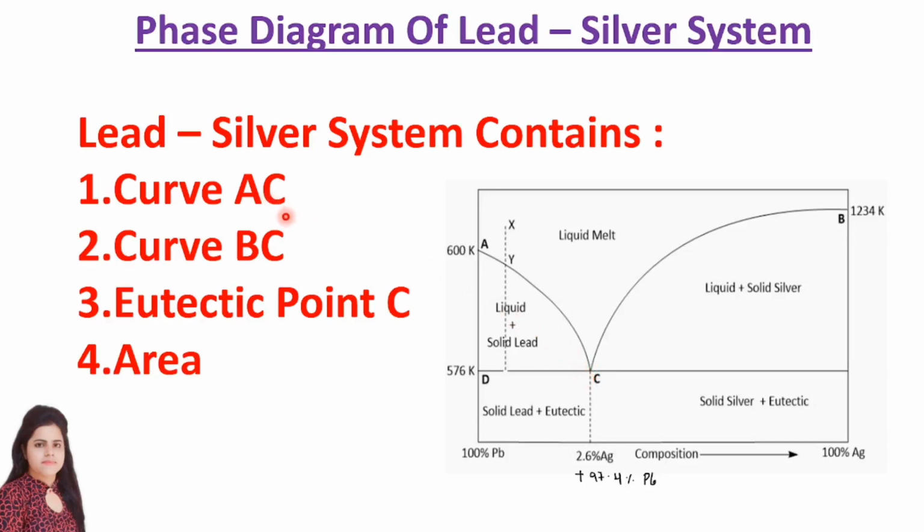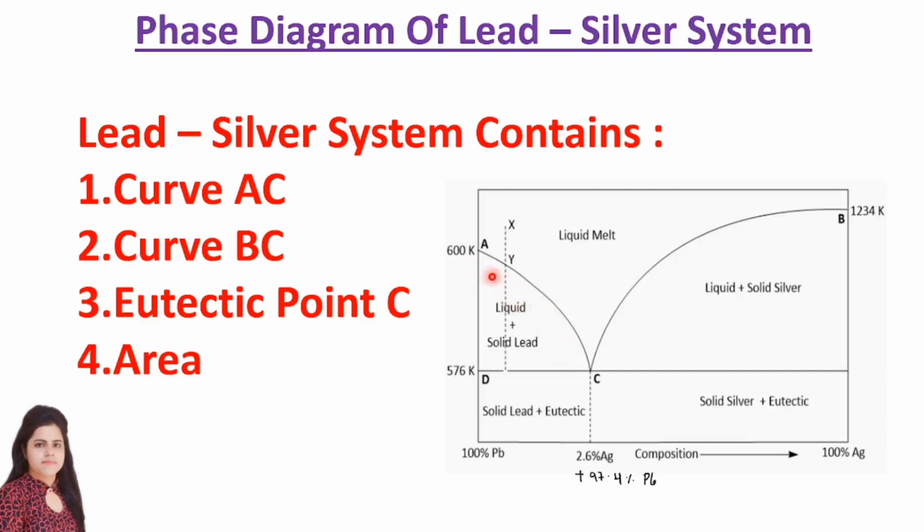Then we have some curves. First curve is curve AC. This curve AC shows that pure lead metal has a melting point of 600 Kelvin, but if you add silver metal to it, this melting point will decrease.